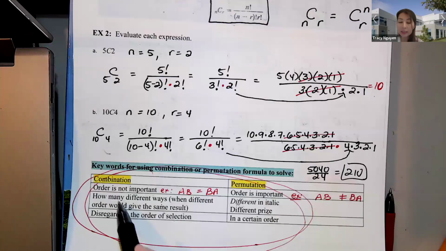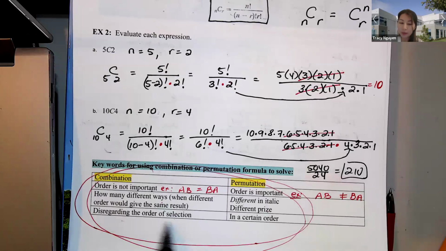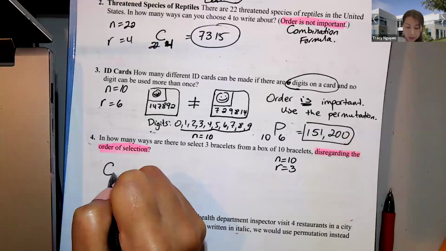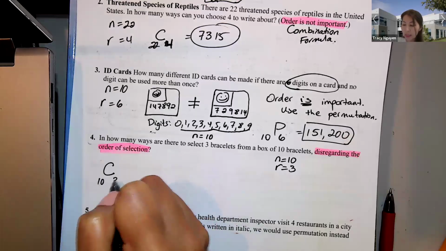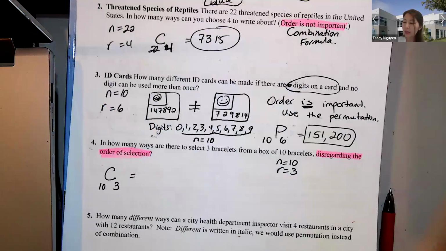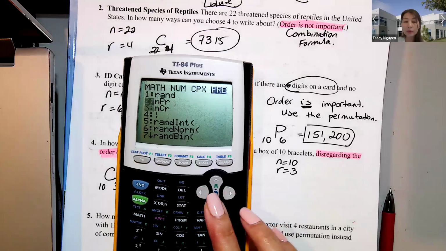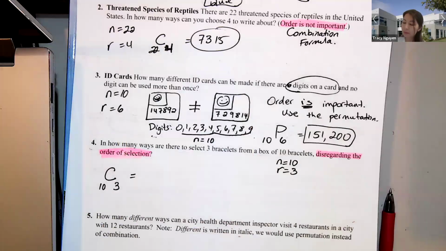Combination is when order is not important, or disregarding the order of selection. So we know this is a combination problem. So what we have here is combination of 10 choose 3, and we just work it out. So 10, math, move over to PRB, go down to combination, number 3, and we get 120.